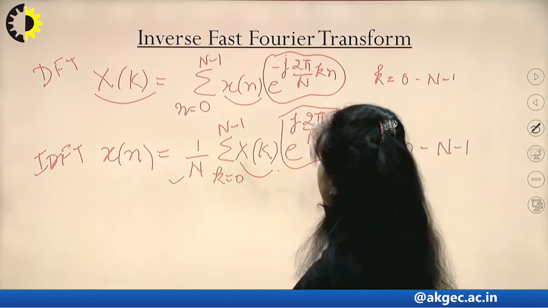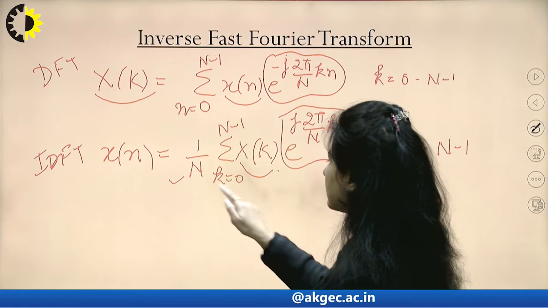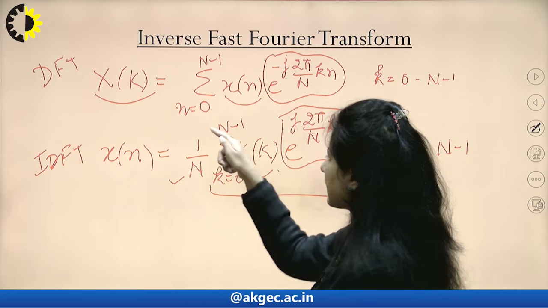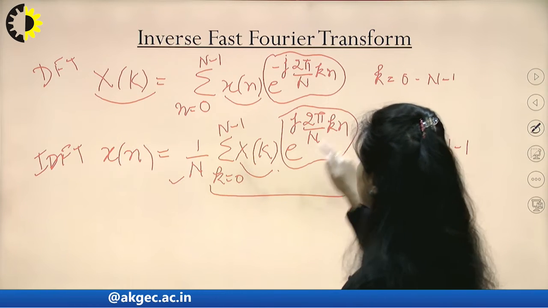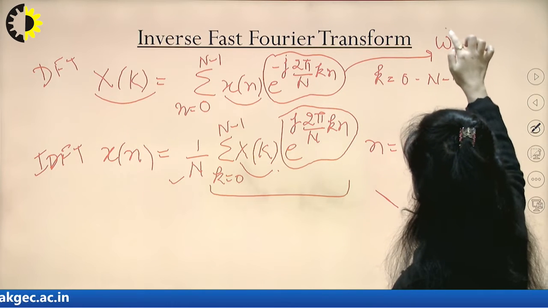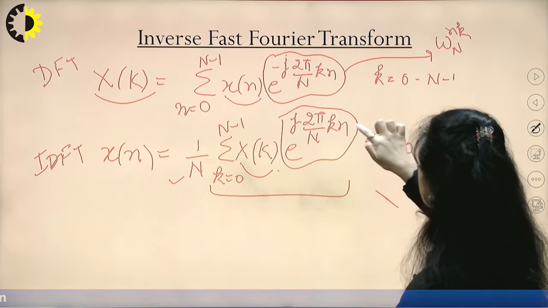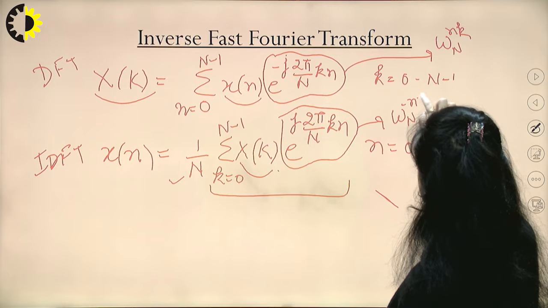So these two factors would be depicted in the graph also. The final answer that I'll be obtaining would be scaled down by a factor n, and the Twiddle factor that I was using had positive values of nk. Here I have to use the negative values of the Twiddle factor.